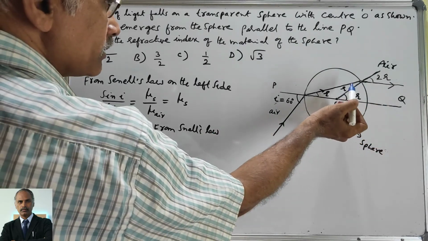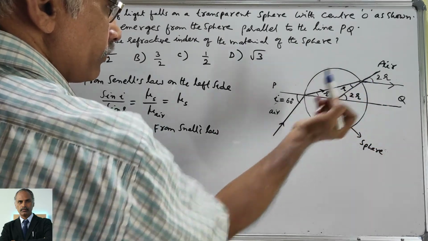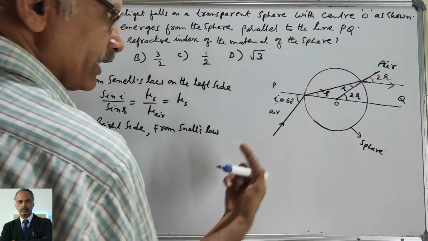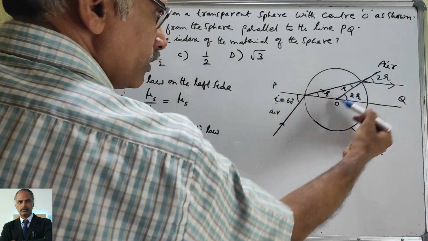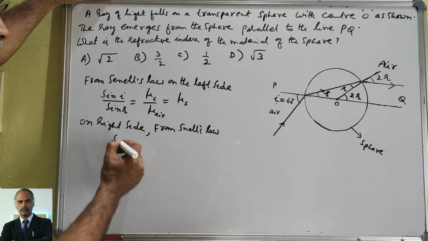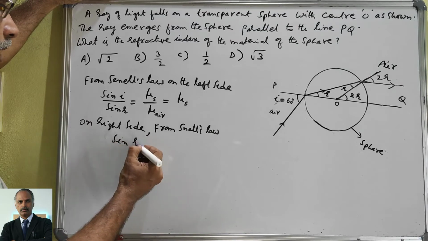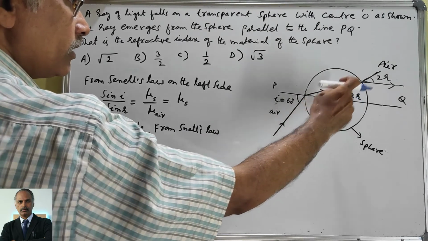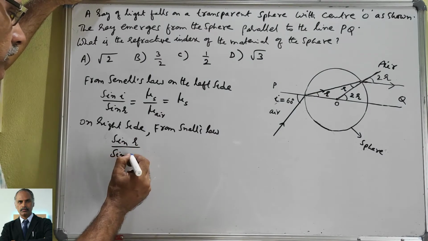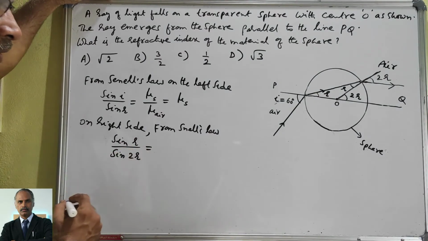Here this is the angle of incidence, this is the angle of refraction, and this is the normal. So from Snell's law, sin I by sin R: the angle of incidence is R, refraction is 2R, so sin R by sin 2R.